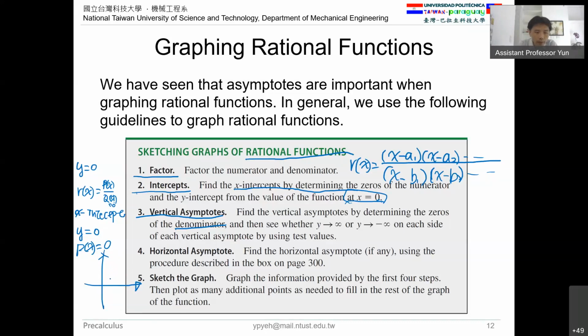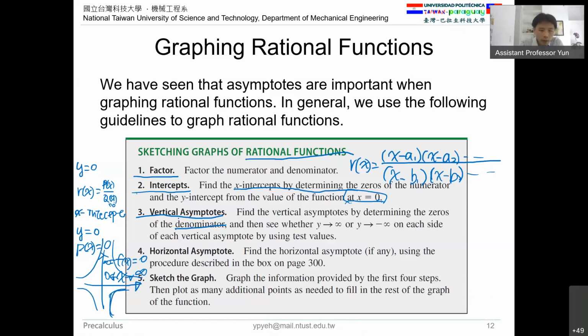For example, when x approaches infinity and when x approaches the asymptote numbers here, we see what f of x does. For example, when x approaches infinity, the function approaches zero. When x approaches zero, it approaches infinity here. Then you can simply sketch these functions, though they could go in different directions depending on the definition of the rational function.